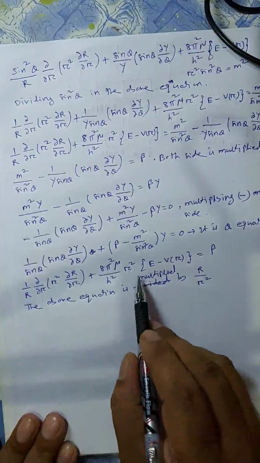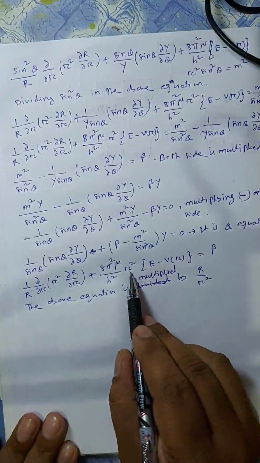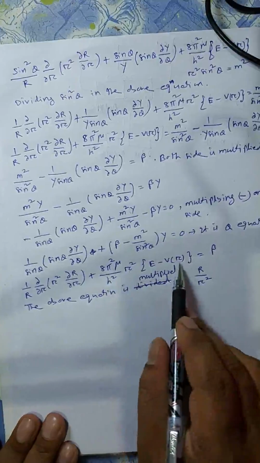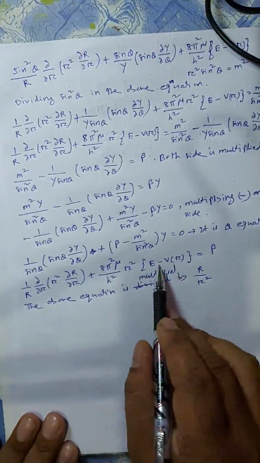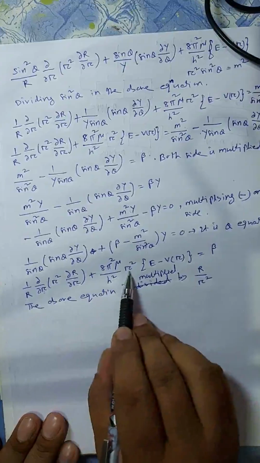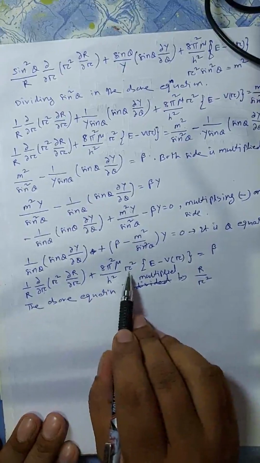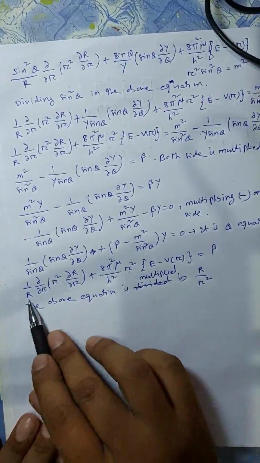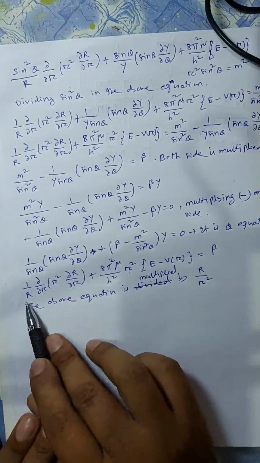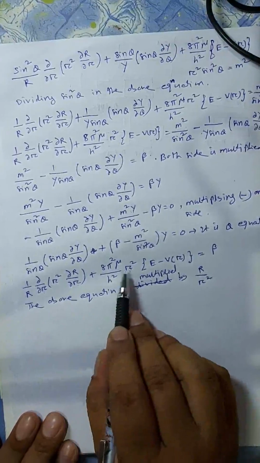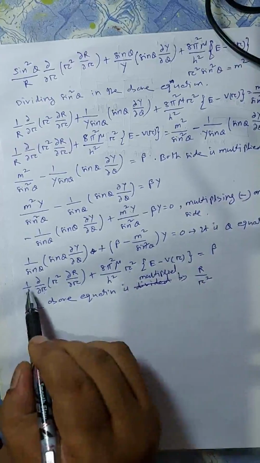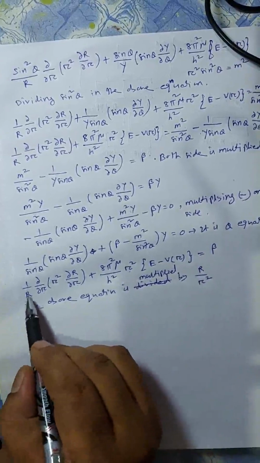Then here you see that here is small r square. When we divide by this r square, because here there is no variable, it is not required, since r is the variable and this is not a variable here. We have to remove this one, because all variables are small r. So R by r square: if we multiply by r square, this r is cancelled.